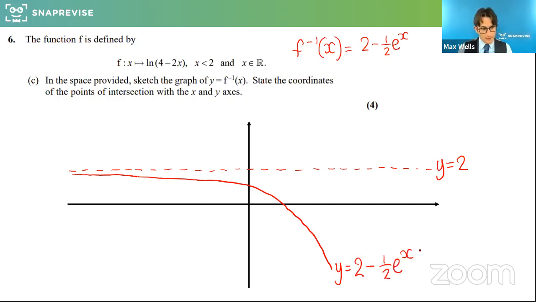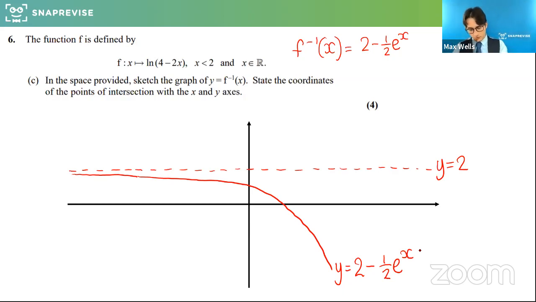Now this does come back to graph transformations as well. Because remember, if you have x squared, the happy way up, and you do minus x squared, it reflects it in the x-axis. So when you have a minus in front of the exponential function, it reflects what would have been the positive way up downwards.